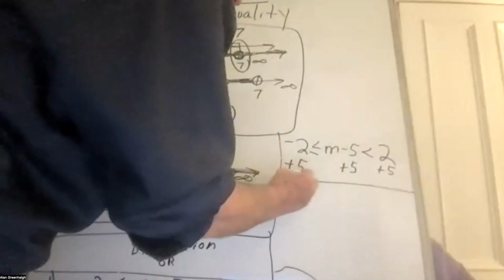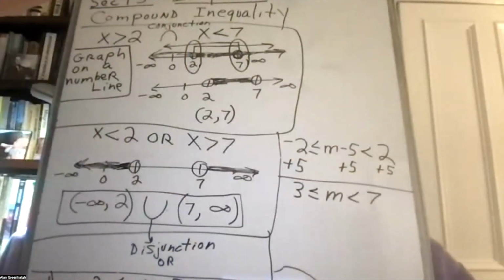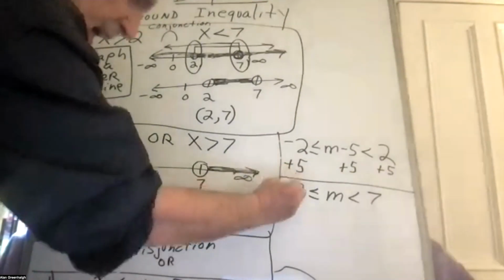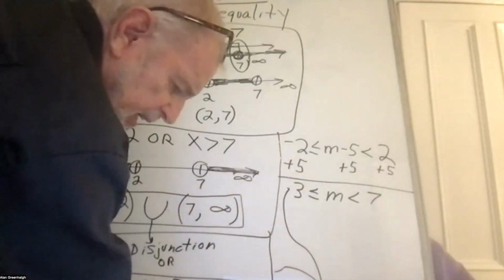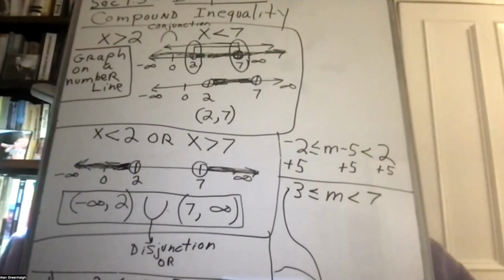And you wind up with a 3, an m, and a 7. Same answer as what we had down here, except a lot easier, right? So you may say, well, why didn't you just show us that to begin with?